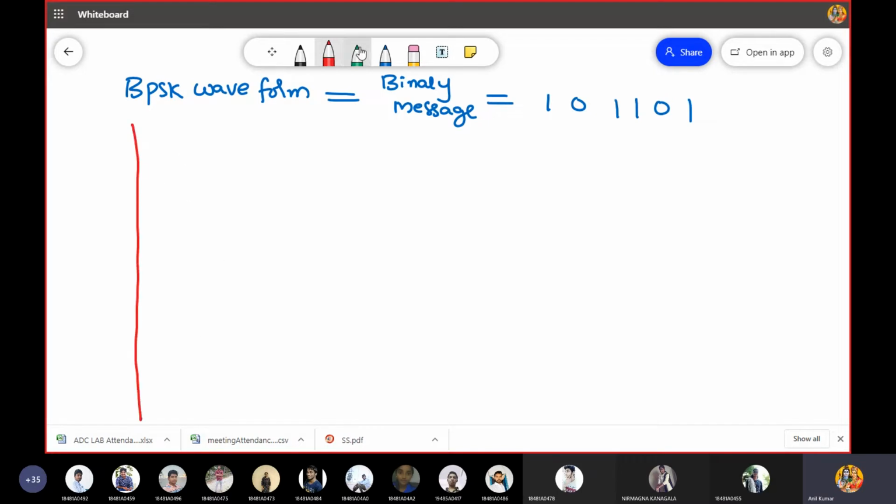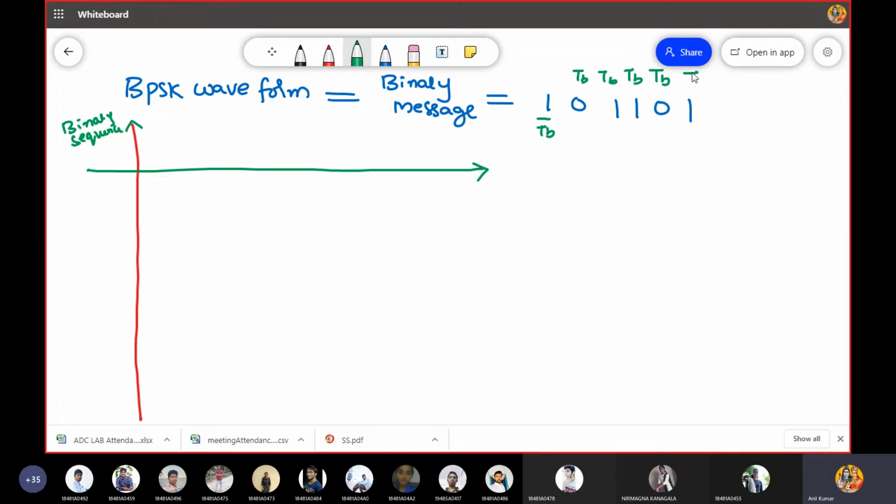Okay, so now all of you please take down this waveform. This is a very important waveform. The given signal is called a binary sequence, and each and every bit has a bit duration. This is Tb, the bit duration, and each and every bit is represented within a bit duration Tb.